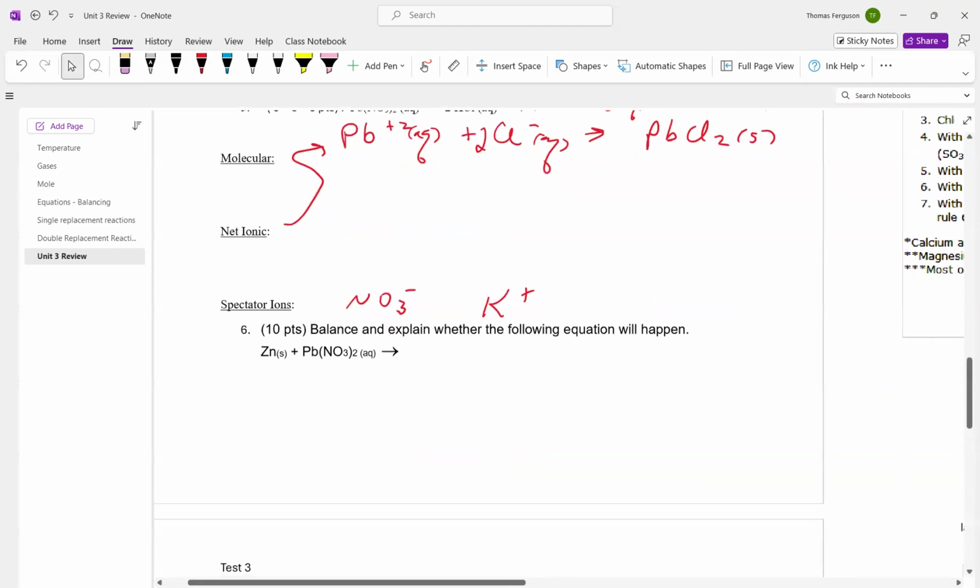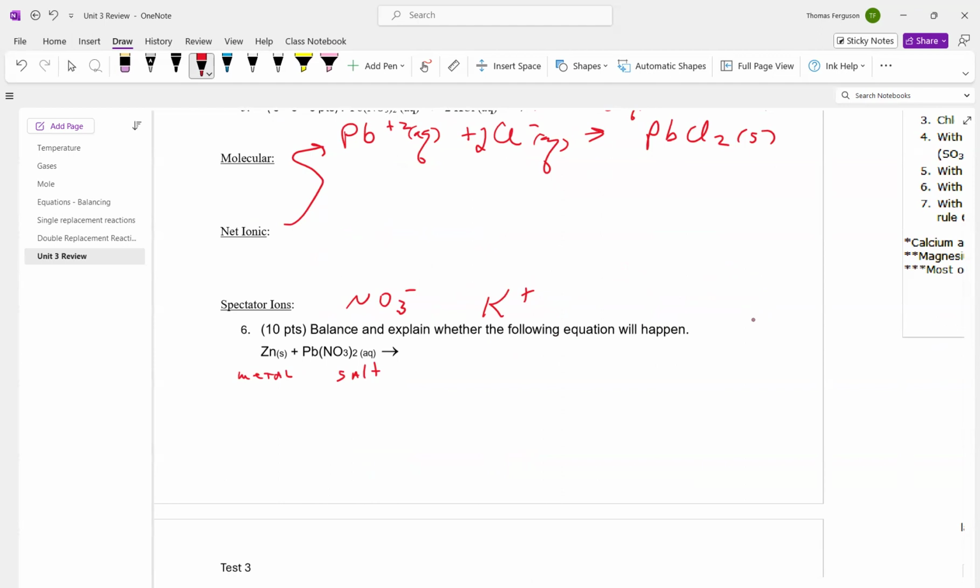And you have to have for every salt AQ. Okay, zinc is a solid or a metal. So here we have metal, salt. So single replacement reactions, the metal goes to the salt goes to the metal.